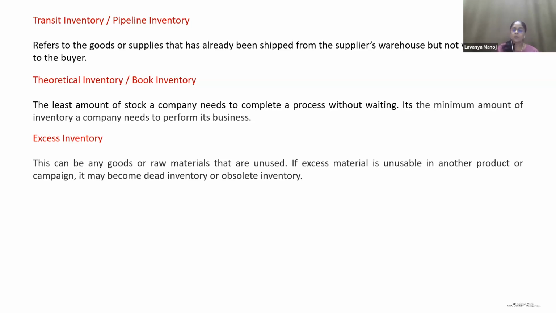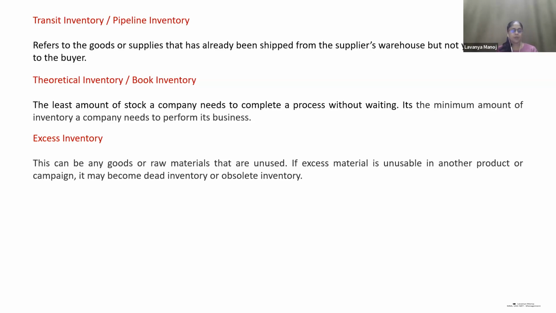Or sometimes the raw materials may be available at a very cheap cost, so in those cases they buy more. The company procures more raw materials, almost all the raw materials are processed into complete products, and all the completed products or semi-finished goods are kept in the warehouse, in the storage unit. So there is excess inventory.